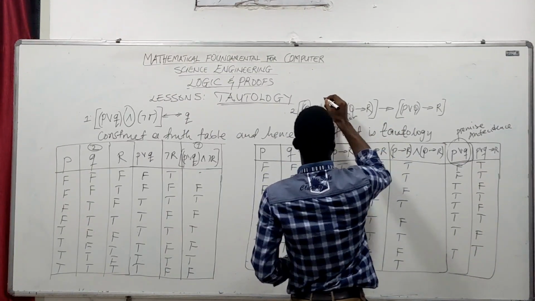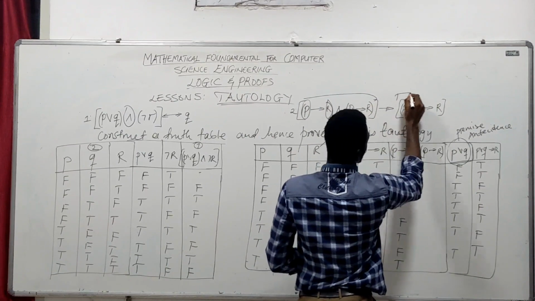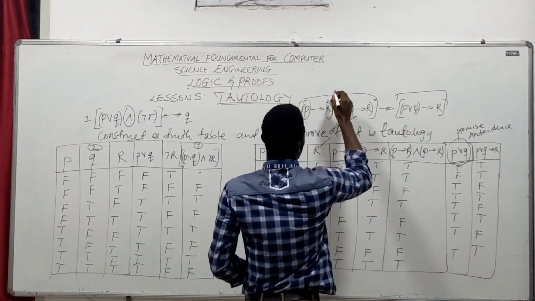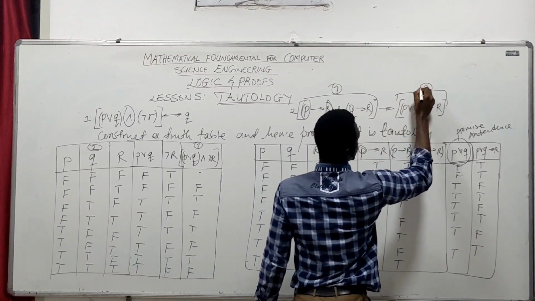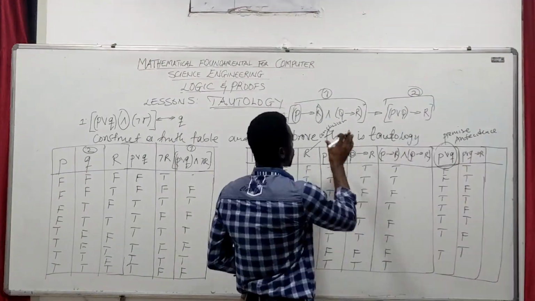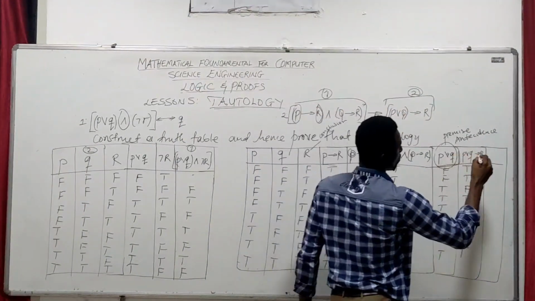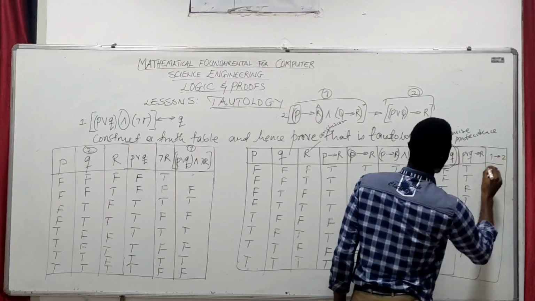So now we try to combine this one and this one. Okay? Let's label this as 1 and this as 2 because of space. So we combine these two: 1 implies 2.